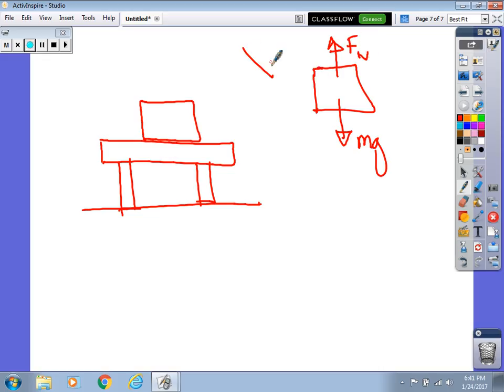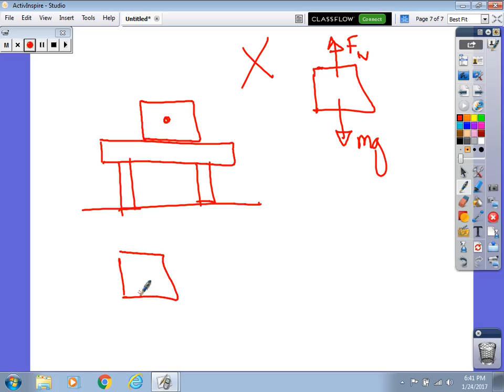Well, that's wrong, for this reason. You've chosen one body. You've used Newton's second law to describe what's going on with the box. But if we're going to talk about what's going on for action-reaction pairs here, there are several, but let's just look at the box.